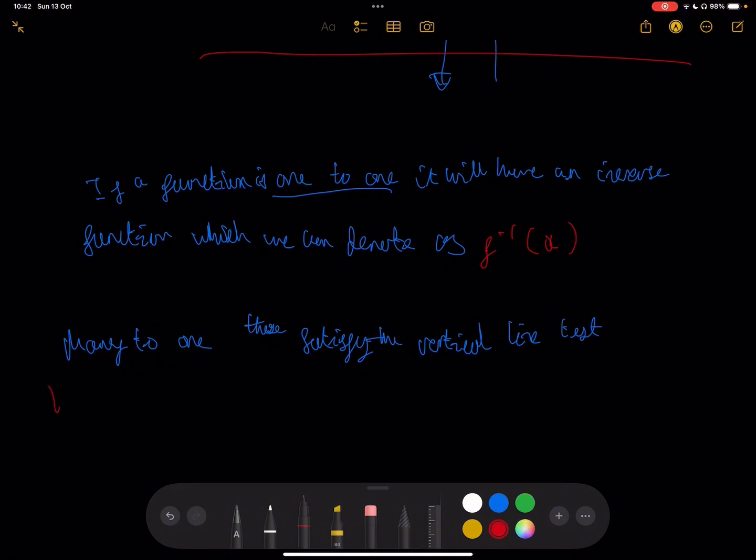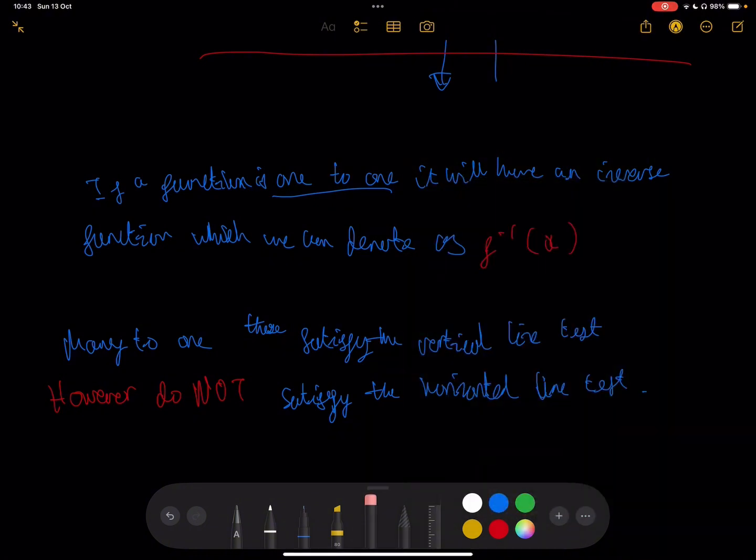However, they do not satisfy the horizontal line test. So what does a many-to-one mapping actually mean?